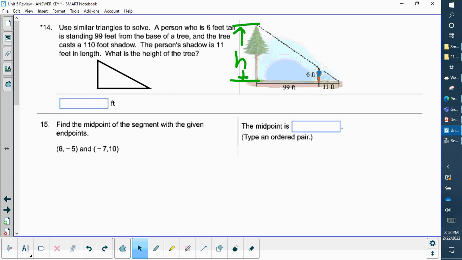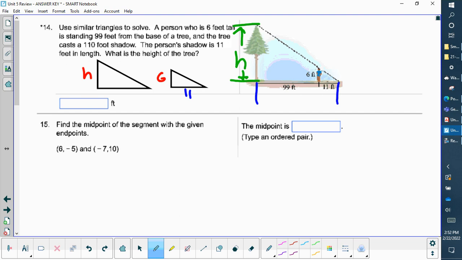So this is the big triangle, and obviously not to scale. Here's my little triangle. I know they're similar. I'm just trying to match up corresponding sides. So this is 6. This is h. I can make that into a fraction. This is 11. And the whole distance from here to here is 110.